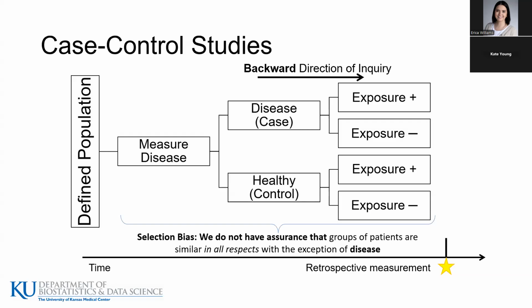But in this case, it's still retrospective, just like the retrospective cohort study. And so we have our measurements taken in the past. These would often come from medical records and charts, which also leads to bias.